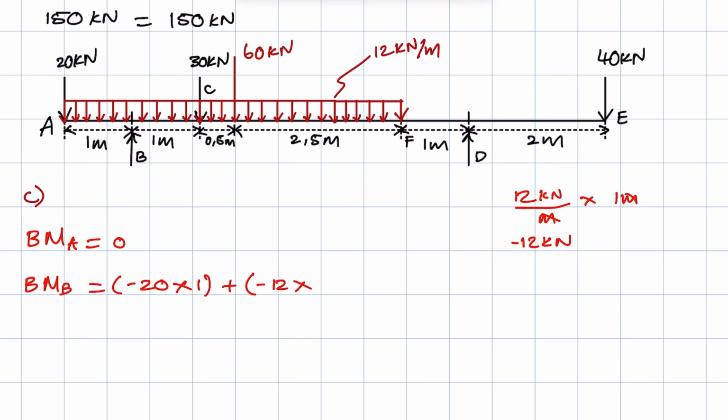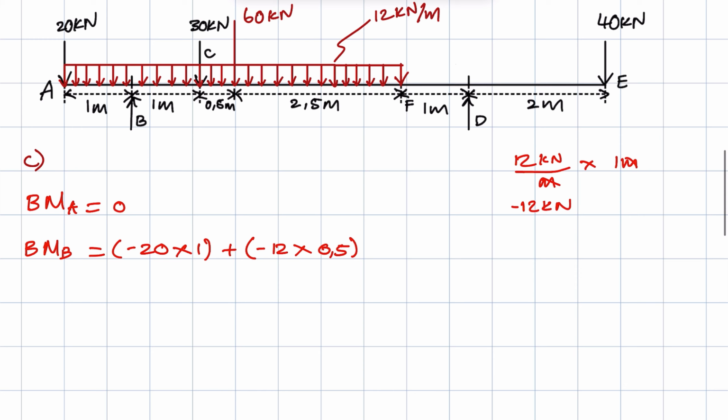Now the distance, remember, the weight of the UDL always acts at half the span of the UDL, meaning the 12 kilonewtons, which is the weight of the UDL between A and B, is going to act at half of the span of the UDL between A and B. Since the distance is 1, it means it's 0.5, right?